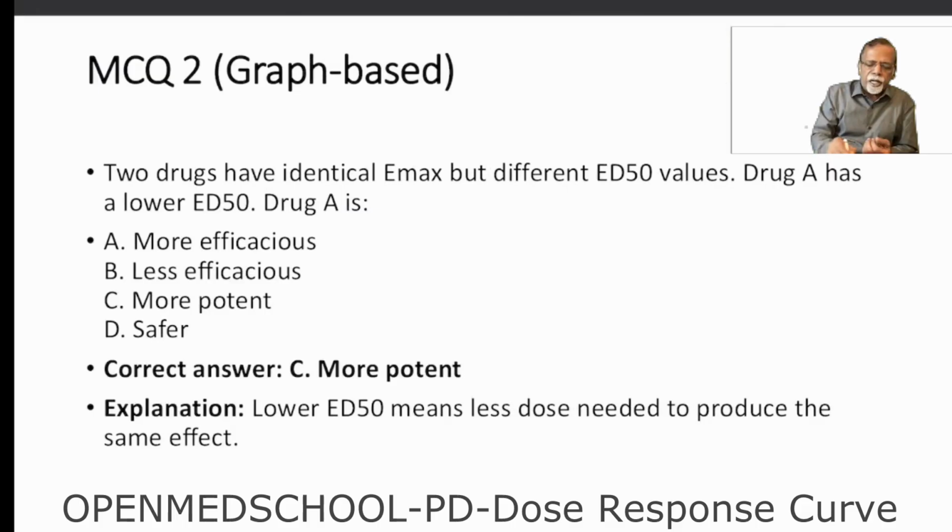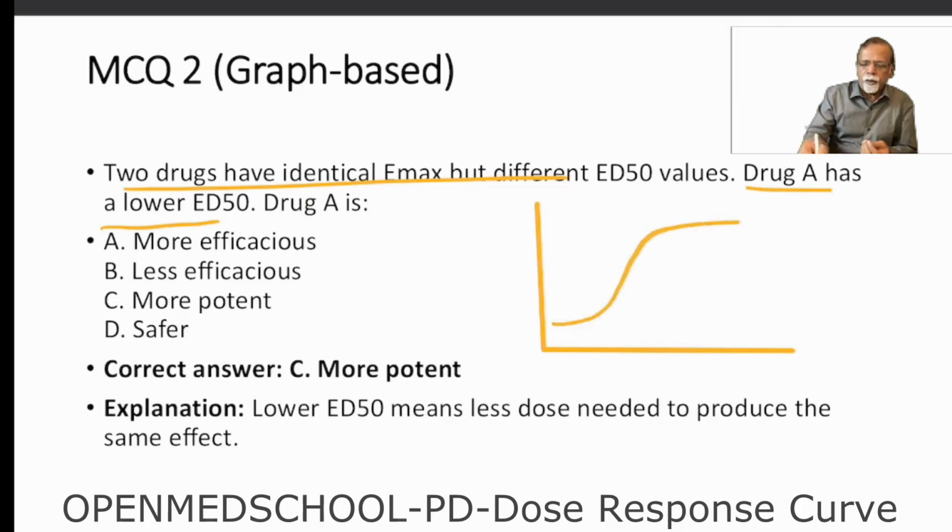Two drugs have identical Emax but different ED50. Drug A has a lower ED50. So we'll draw the graph. There are two drugs, identical Emax. Another drug, so this is the ED50 for this drug.